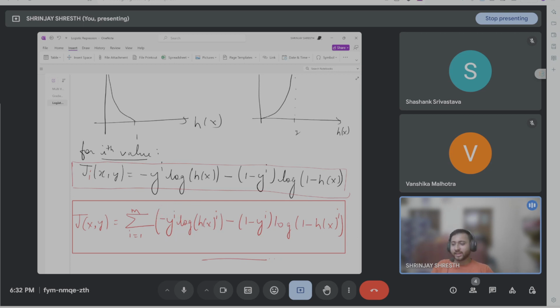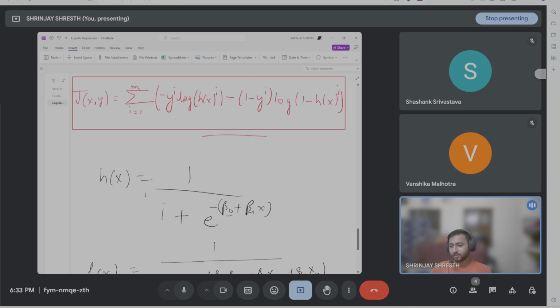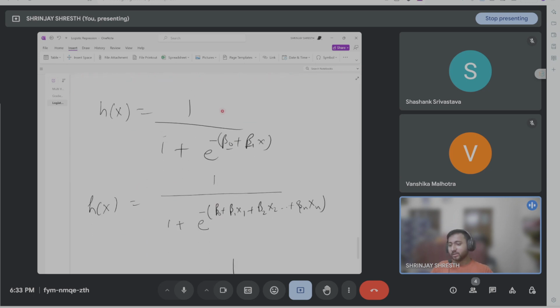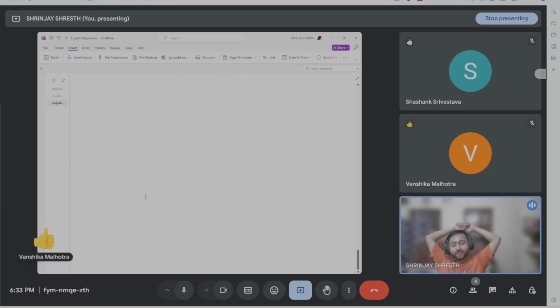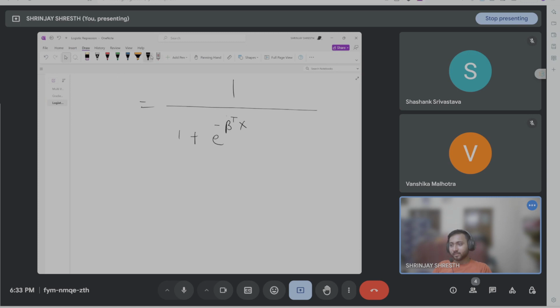The only thing which is varying here is your h(x). h(x) is something which we have a control of. हमारे पास इसका control है. So your h(x) is something we have to take care of, and this h(x) is depending upon this beta. Right? So if you have to get a very accurate value of h(x), you have to get a very appropriate value of beta.